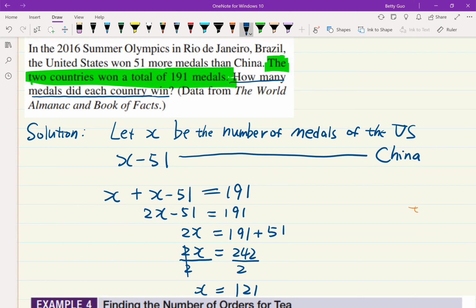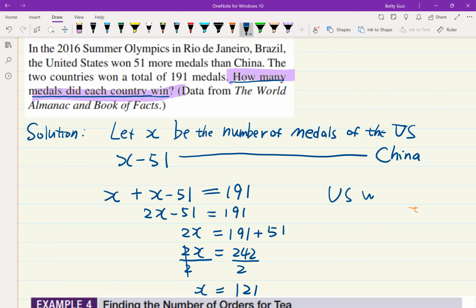121, yes. So how do you answer this question? Let's look at the question. We are looking for how many medals each country won. That's the question, right? When you answer your word problem, you're going to answer it in words as well. So you're going to answer: US won 121 medals.